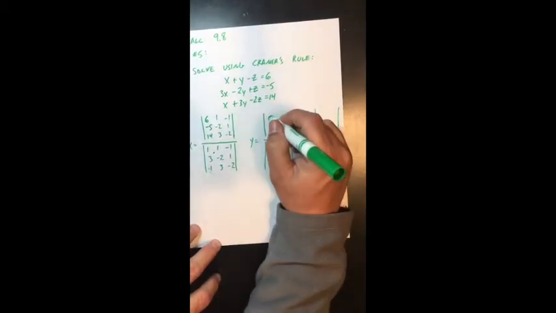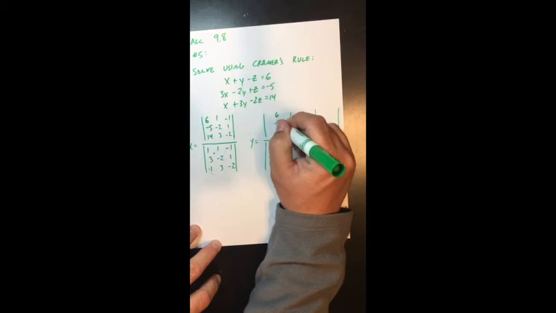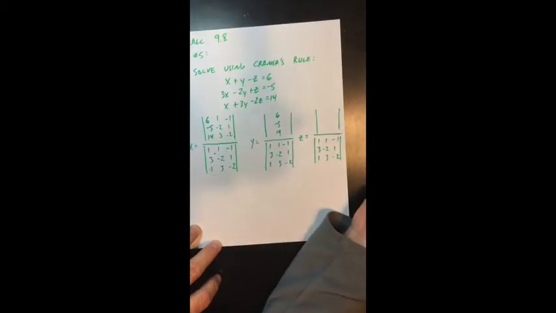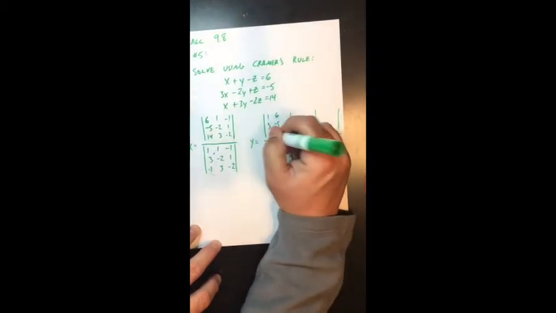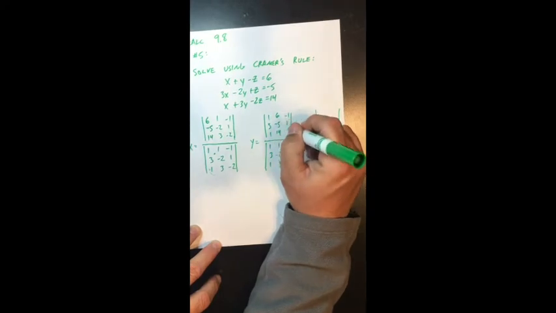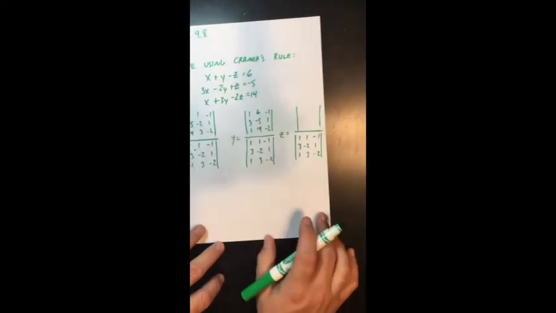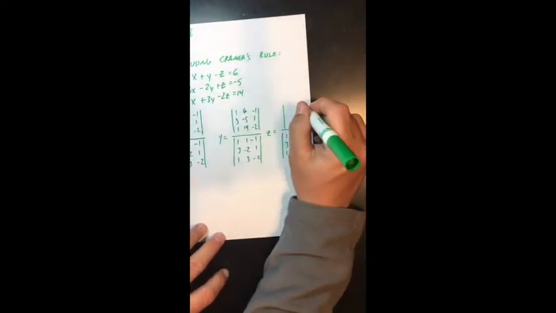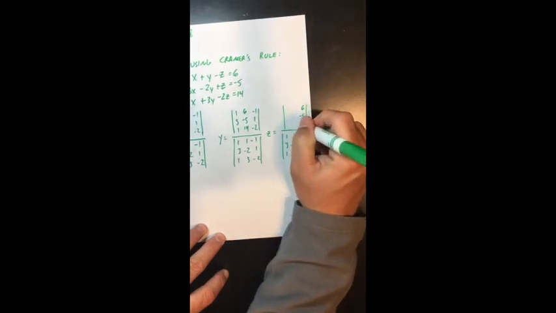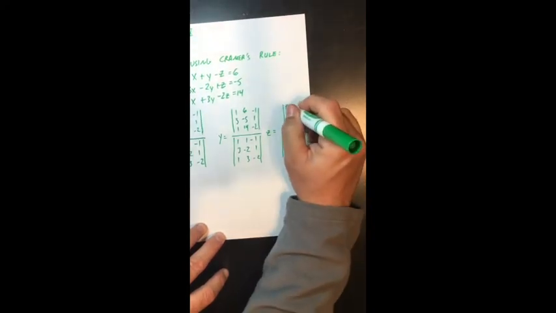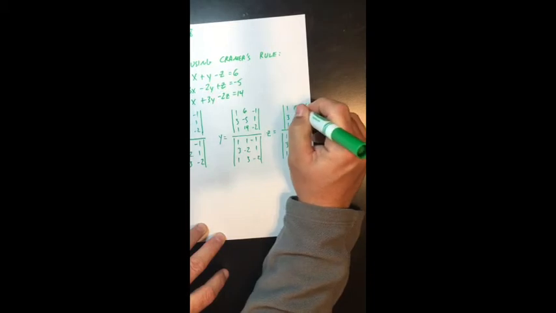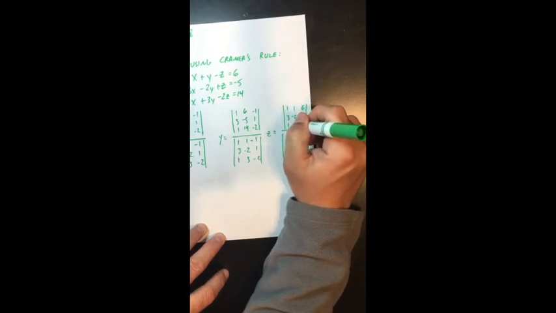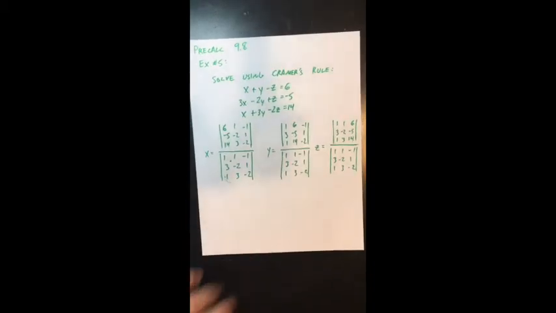And then for y, we'll have 6, negative 5, 14 in the middle column, 1, 3, 1, negative 1, 1, negative 2. And then for z, we'll put 6, negative 5, and 14 in the third column. We'll have 1, 3, 1, 1, negative 2, 3 in the first and second columns.